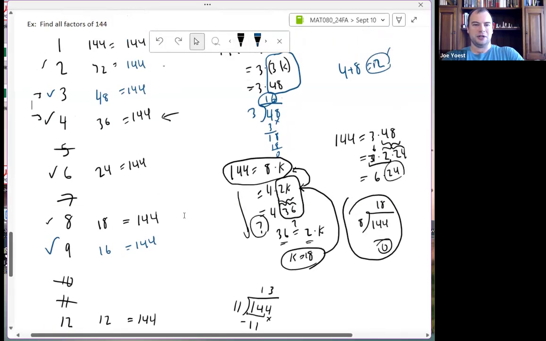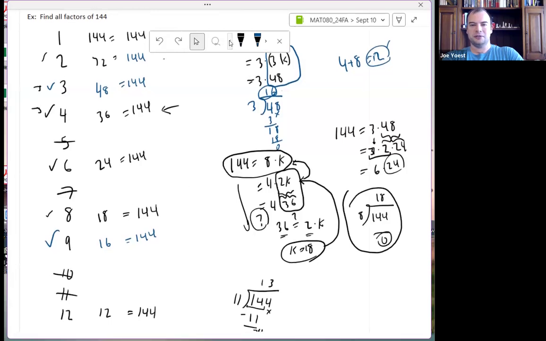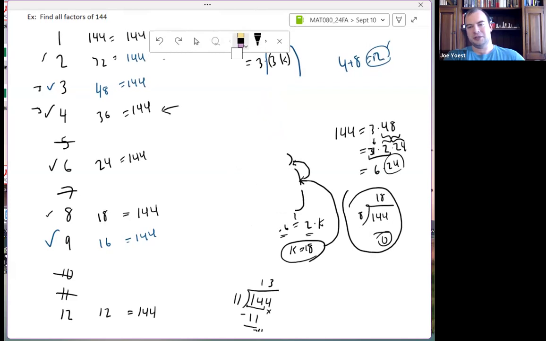So what's my list of all factors of 144? Let me actually write it off to the side here because it's such a long list. I want to keep them all on the screen.